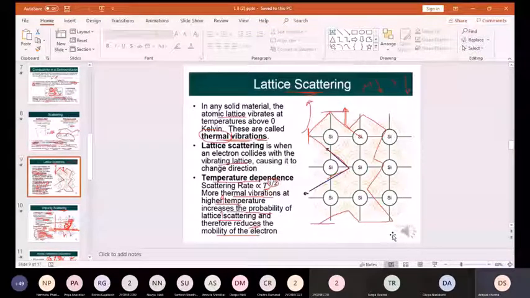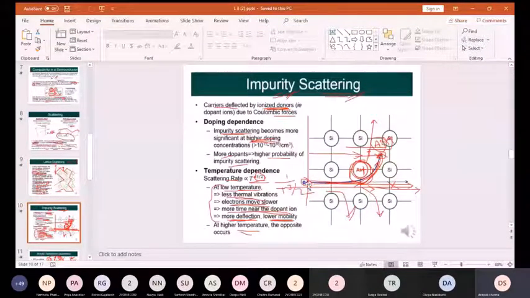I had given you an example like an electron moving from left hand side towards the right hand side. Ideally it should move straight, but due to an arsenic ion, this negatively charged electron will be attracted towards it, and its momentum just deviates from its original direction. So this deviation is called scattering, and it is happening due to impurity, hence it is called impurity scattering, right?